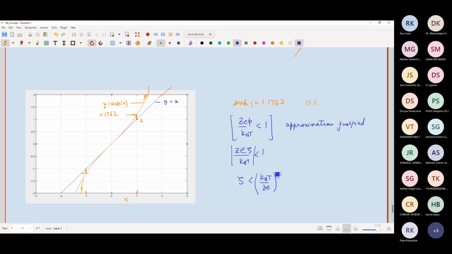Now, what is the unit of kBT over Ze? What should be the units of kBT over Ze? Same as zeta. Yes, but what is the unit of zeta? Zeta is the potential. It will be volts.